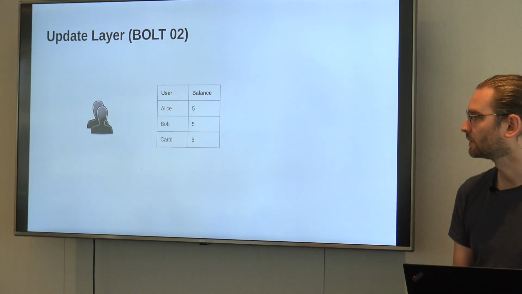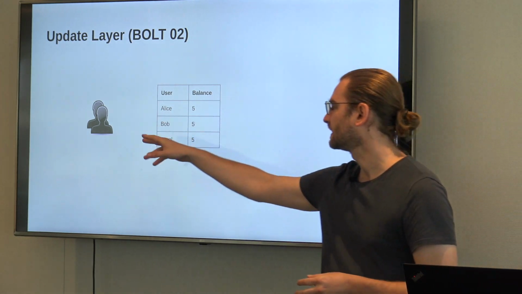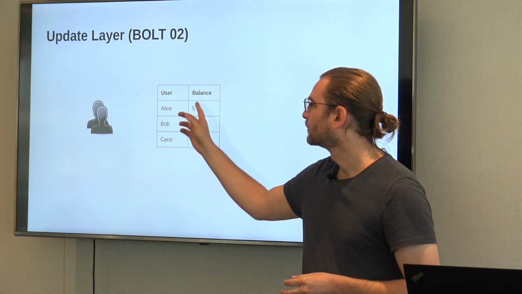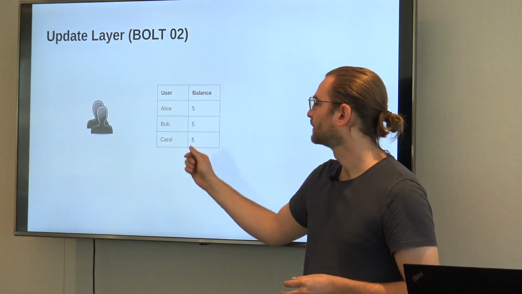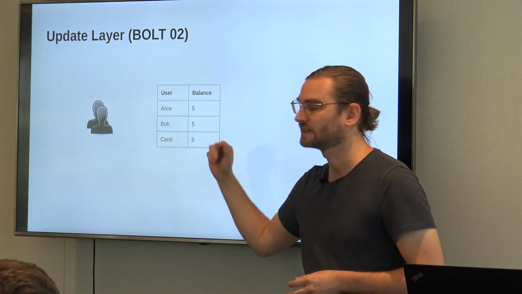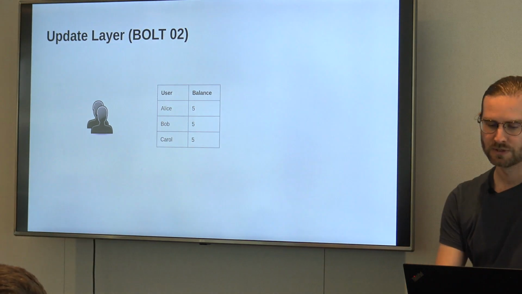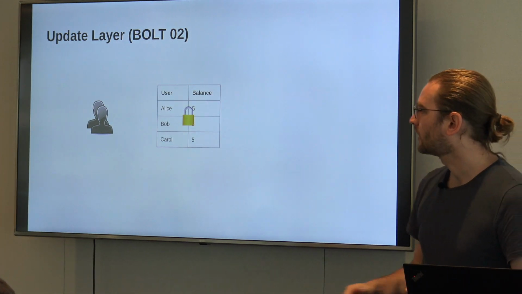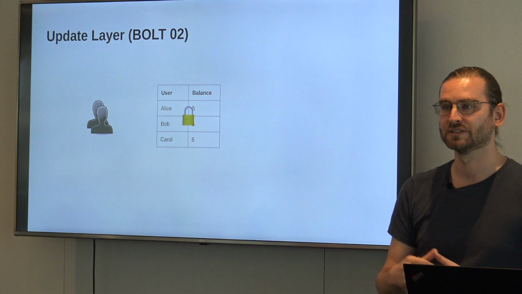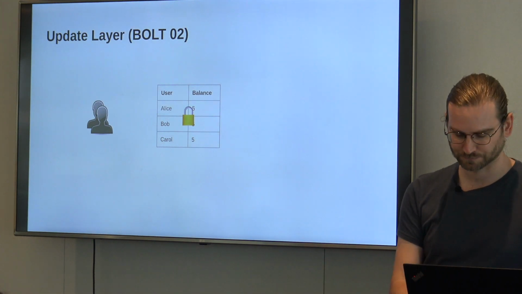So if we have two participants, Alice and Bob, that meet somewhere, we have the blockchain, where Alice has 5 Bitcoin, Bob has 5 Bitcoins, and Carol has 5 Bitcoins. We then go ahead and lock in part of the state by transferring these funds onto a multisig.